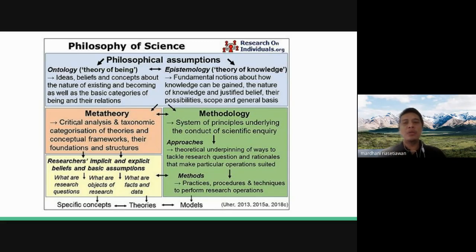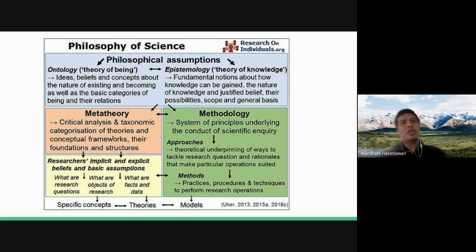So you will try to find the answer, or at least you will try to learn about it. And then you need taxonomies, categories of theories. So that's why in the university, in the program, we try to give you not just a course but also the design of the conceptual framework of the course, their foundation and structure. This is the meta theory.